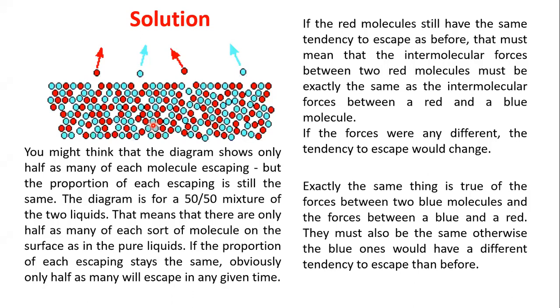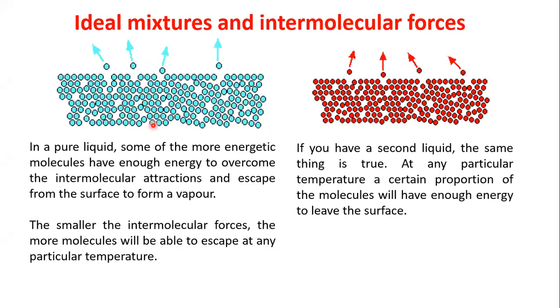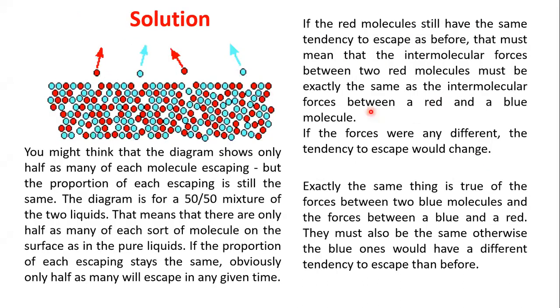It may seem as if we have 4 in one and 4 in the other, but in this mixture you have just 2 and 2. 2 plus 2 gives you 4. If the intermolecular forces between the blue balls and between the red balls are the same, the rate at which they evaporate will be the same. So at this temperature and time, 4 balls will escape, the same as before, because both have the same intermolecular force of attraction between them.